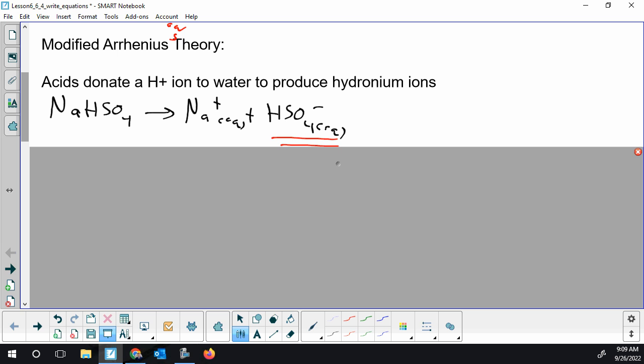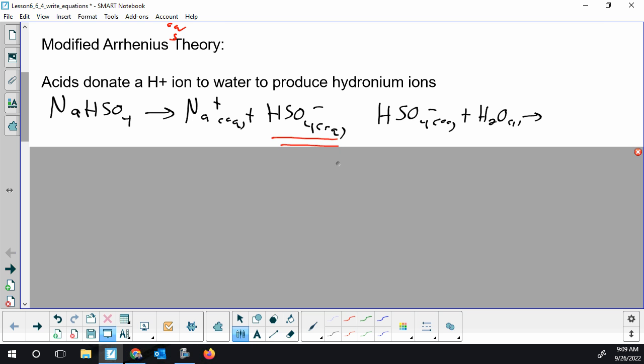So that's the piece, that's the acid or the base. Okay? And I'm telling you, this is under the acid section, we're going to treat that piece as an acid. So now I'm doing the modified Arrhenius. There's our acid. Modified, it transfers to a water.